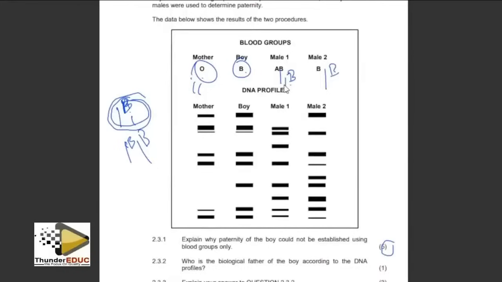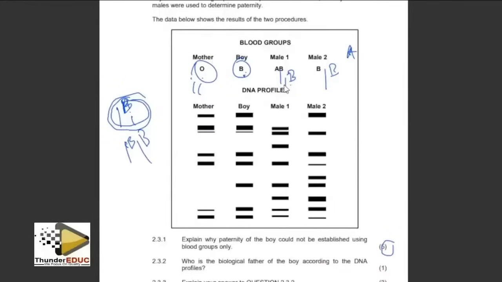So that's why in this case blood group can only help you to eliminate those possibilities which cannot happen. For example, the father can't be blood group A, because this person is blood group B. If it's blood group A, there is no way the boy is going to have blood group B. So if there is another man who is blood group A, that one is wiped out.